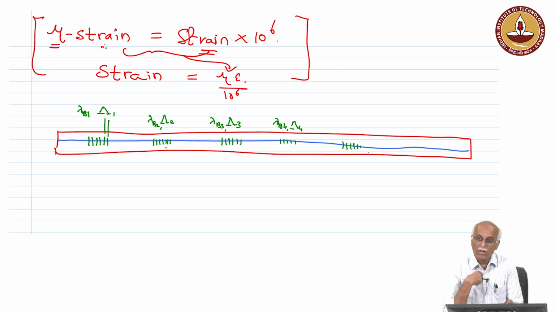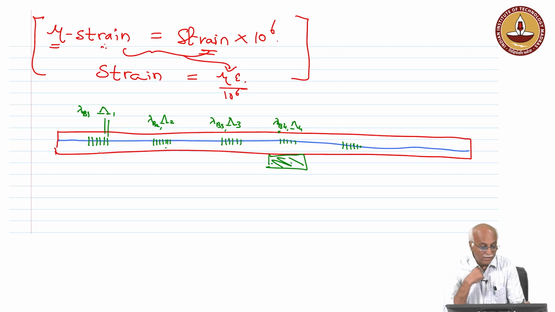Now, this type of structure is useful to capture the information about change in temperature at any of these points. If the tissue is having different temperature here, this Bragg wavelength will change, while the other wavelengths will not change if the temperature is not changing.